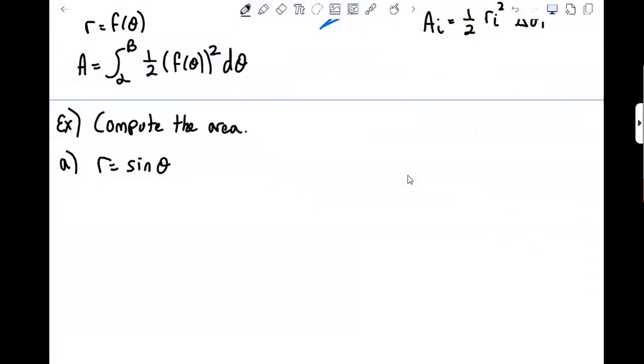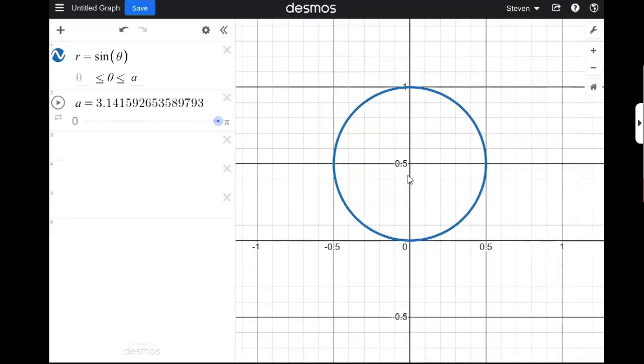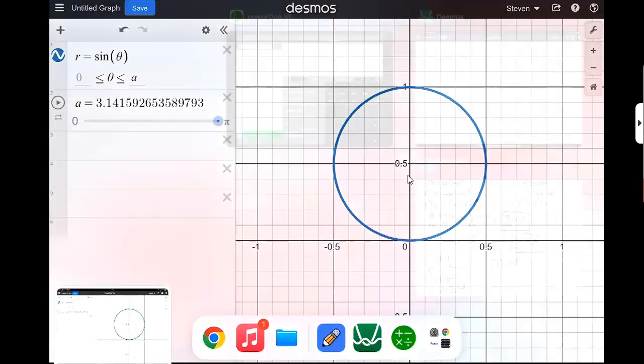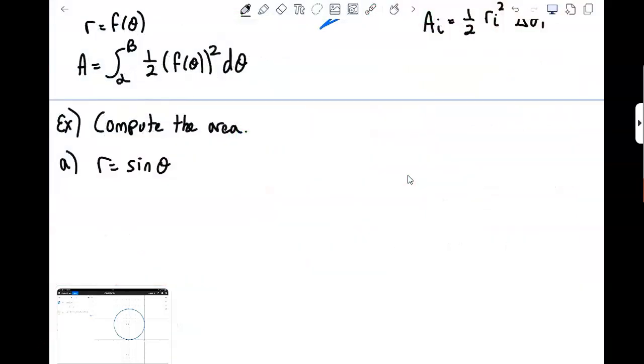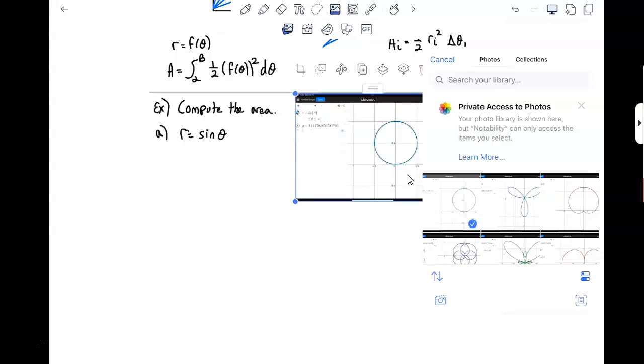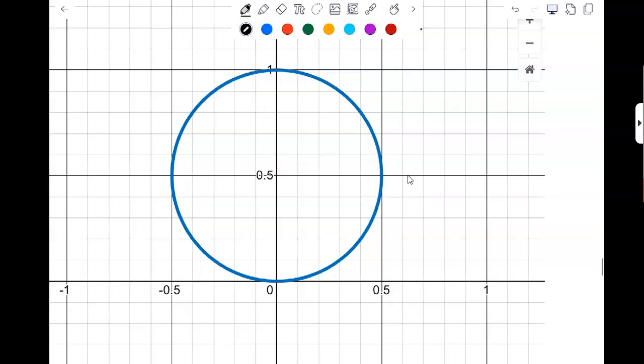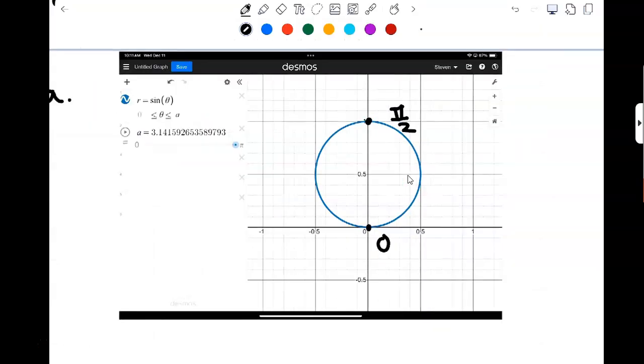So here, from that graph, which I'll just paste in there real quickly, a quick little picture of it. There it is. We can see that we can get by starting here at an angle of 0, going to pi over 2, and then just doubling it. We could again go all the way around from 0 to pi.